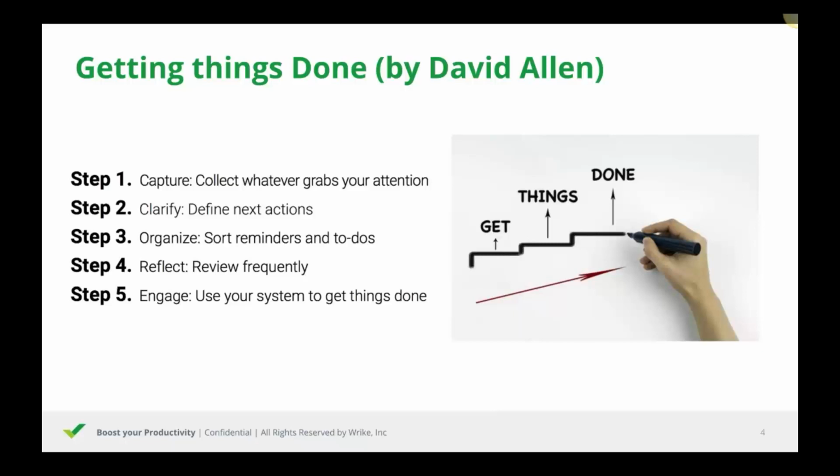And after all is done, we will show you some fun infographics, some additional tips and tricks on how to boost your personal productivity. So now over to Maria, who's going to tell us more about the Getting Things Done concept so that we get more familiar with that.